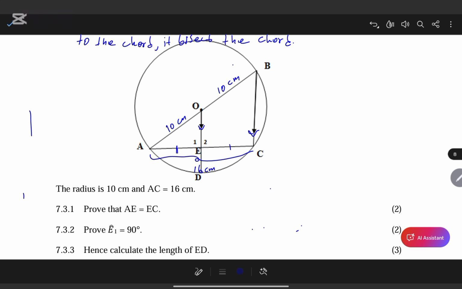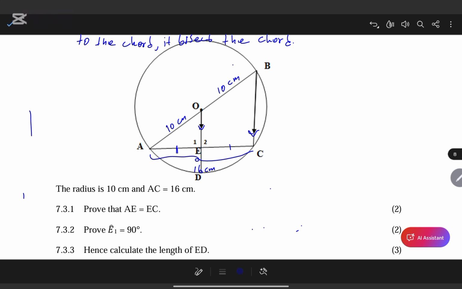Many of you got this wrong because you tried to use the theorem that is given in this question, theorem number 1, which says a line drawn from the center to the midpoint of the chord is perpendicular. Now, you are not told that E is the midpoint. You are asked to prove that E is the midpoint. So that theorem falls out.